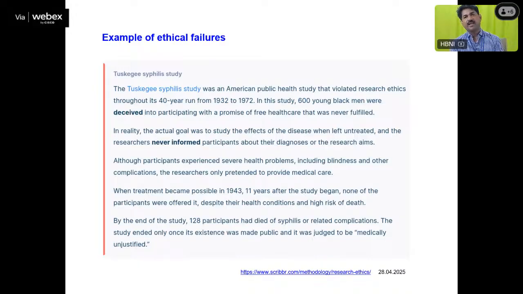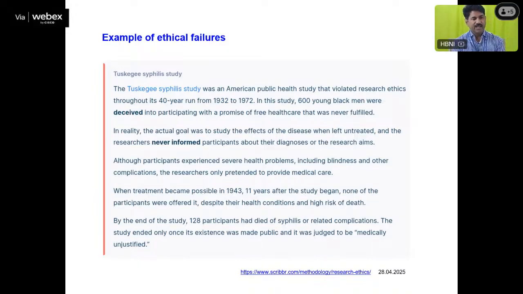In the beginning I had told you that whenever we are taking participants, they have to be homogeneously selected. But here they took 600 young black men, deceived them into participating, and promised that the participants would be provided free healthcare throughout, but they did not provide any healthcare.